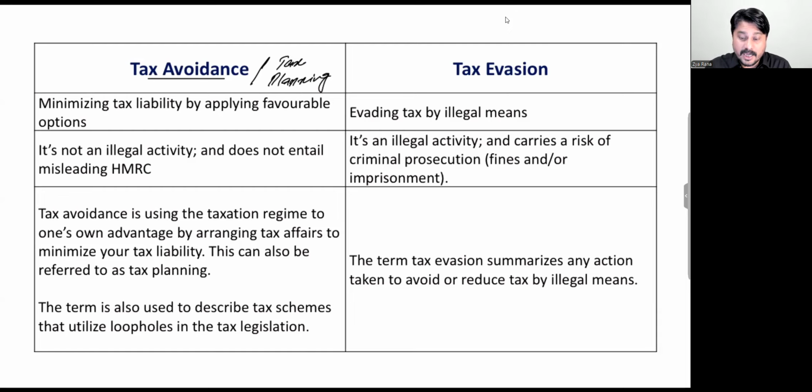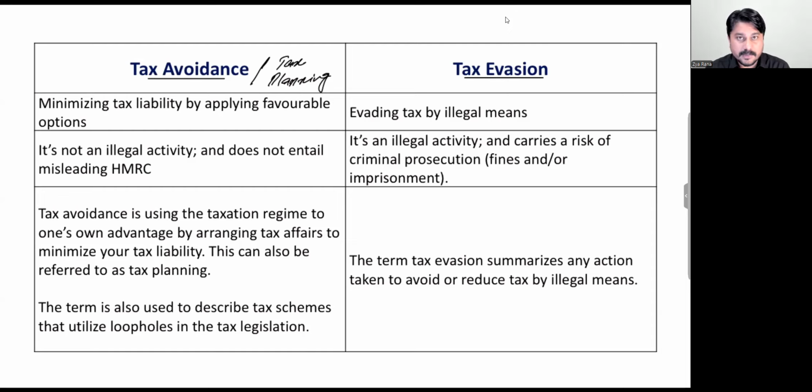Whereas if you are using illegal means, that is tax evasion, meaning evading tax by illegal means, right? That's an illegal activity due to which penalties could be there, interest could be charged, and fines can be applied. All of these are the outcomes when you are involved in any tax evasion.